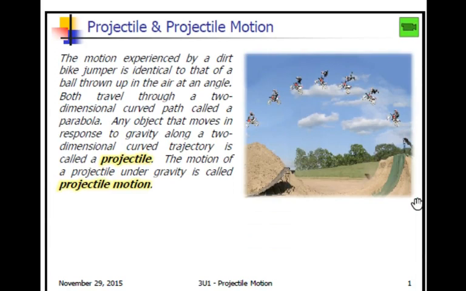A projectile is anything that moves under the influence of gravity to have what we call projectile motion.